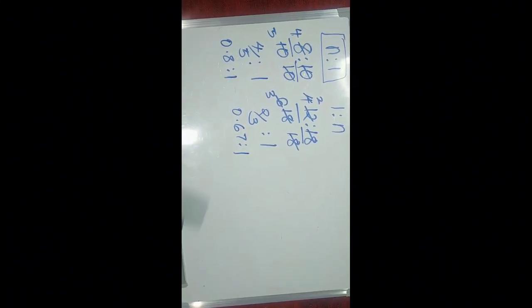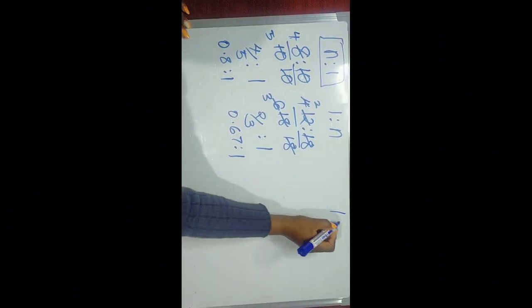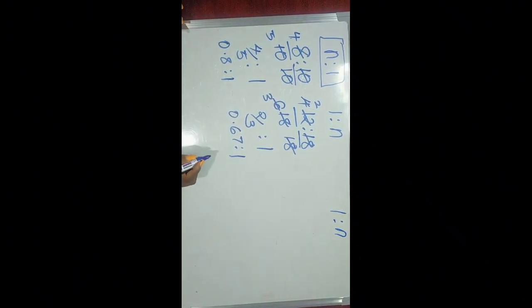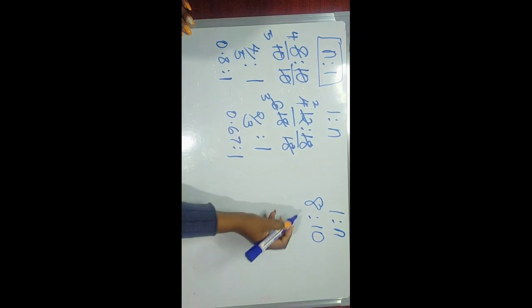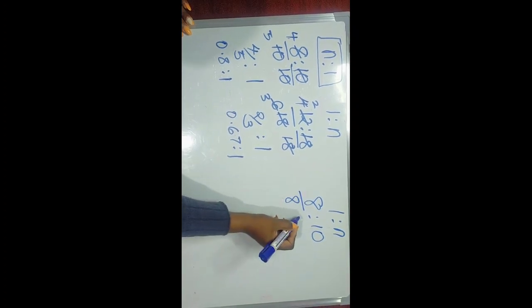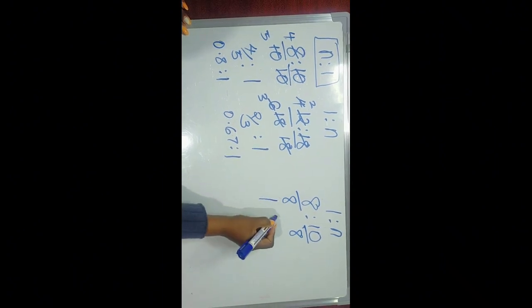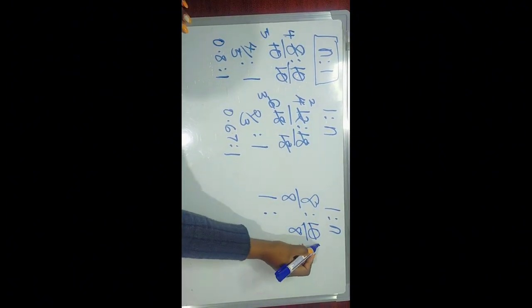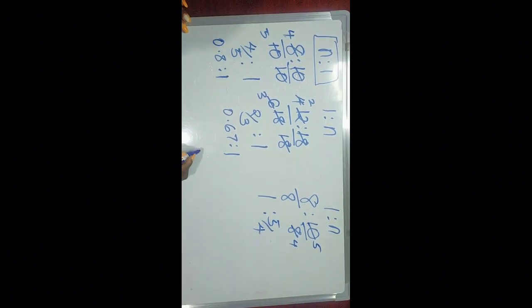Now let us express the same ratios in the form 1 is to n. So in this case, we shall convert the first number to 1 by dividing by the number. So divide both sides by 8, so that we shall have 1 is to 5 over 4.